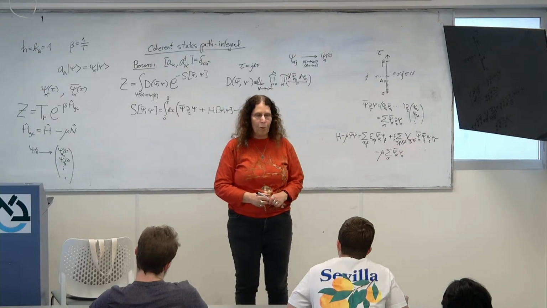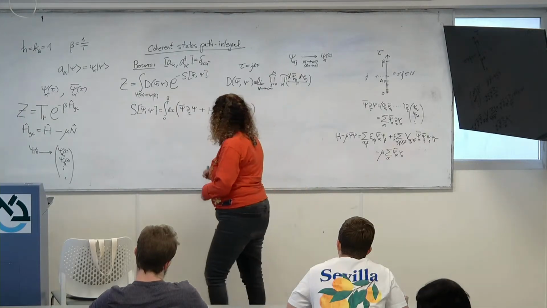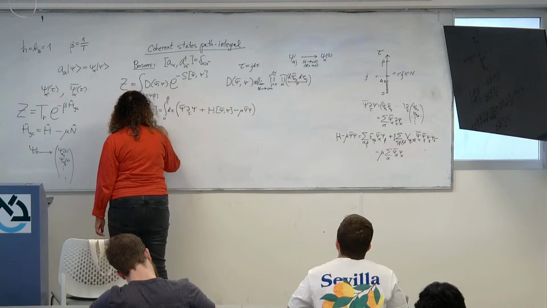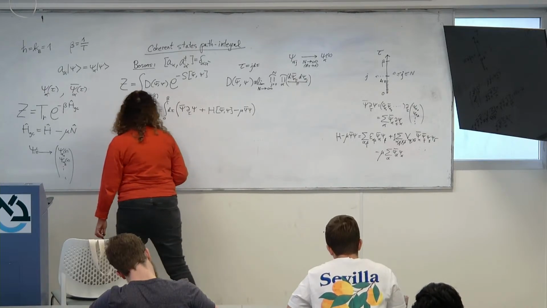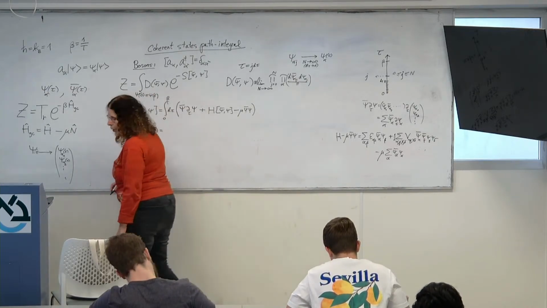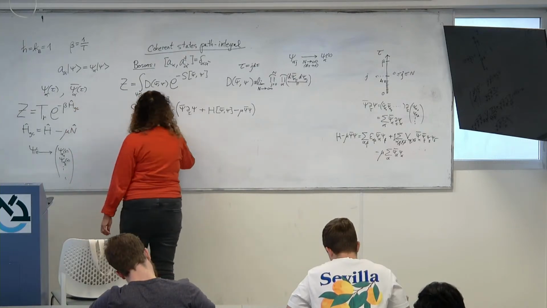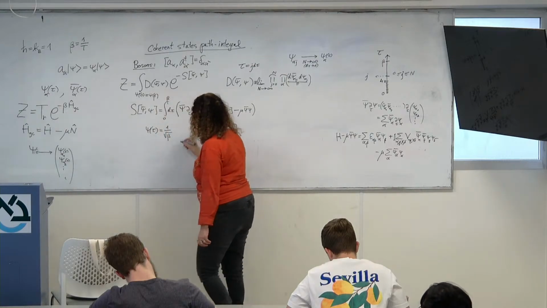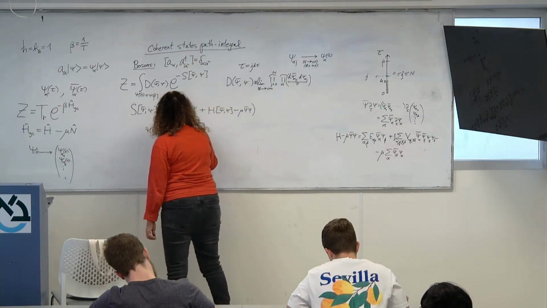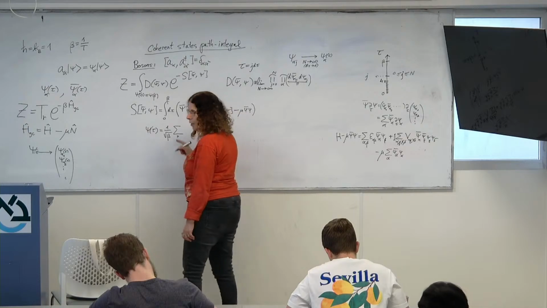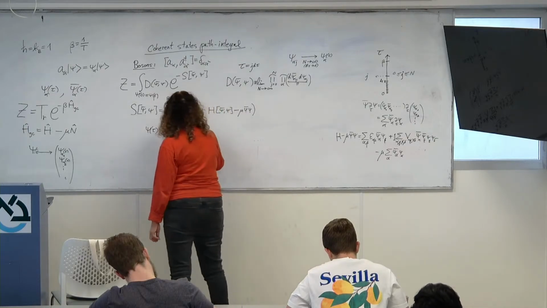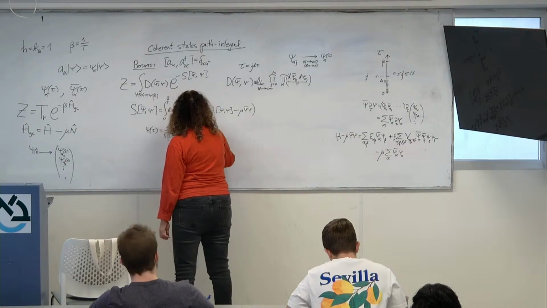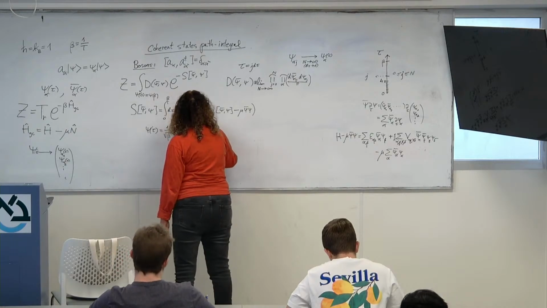We go to Fourier space, and we define a Fourier expansion of psi of tau, which has the following definition. There's some normalization factor here. A sum over n, all integers, of psi n e to the minus i omega n tau.